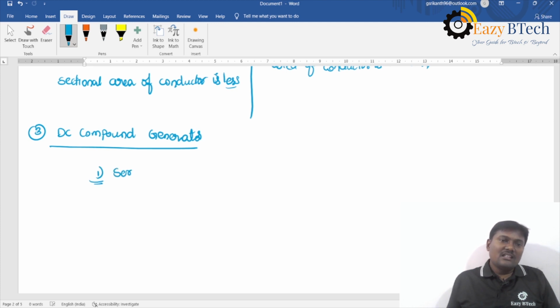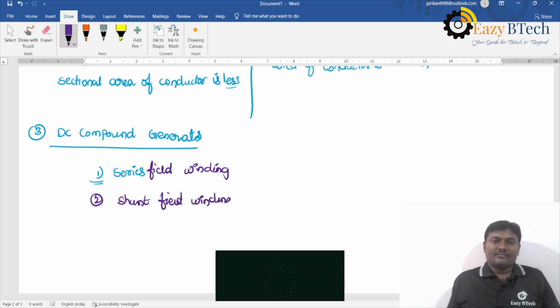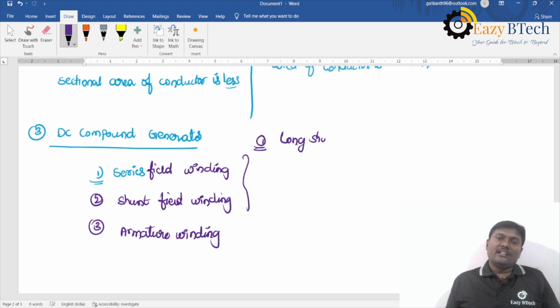One is the series field winding, another one is the shunt field winding, and the third one is the armature winding. So based on the connections between these three, we can divide it as long shunt and short shunt.